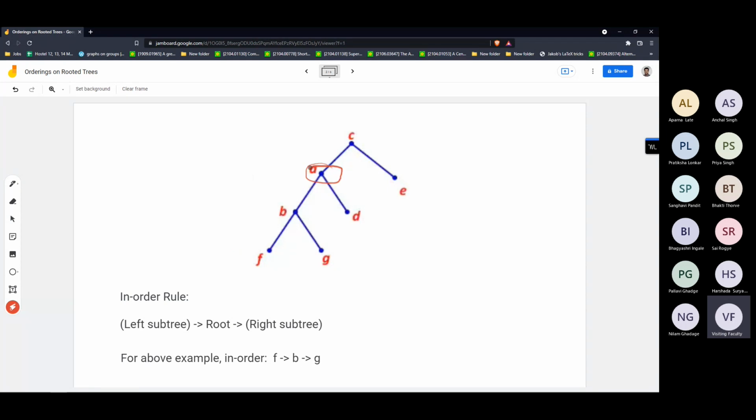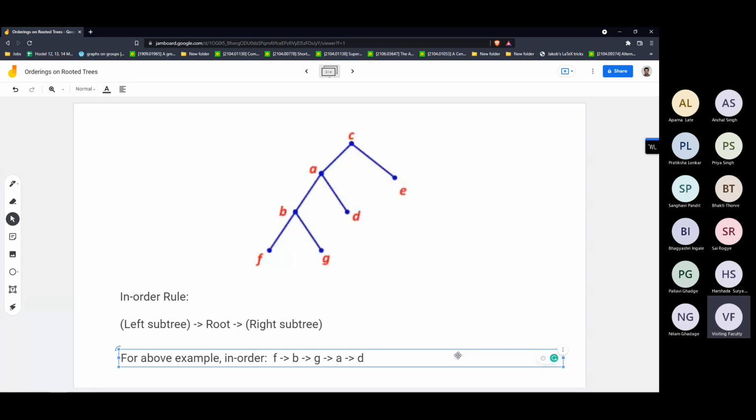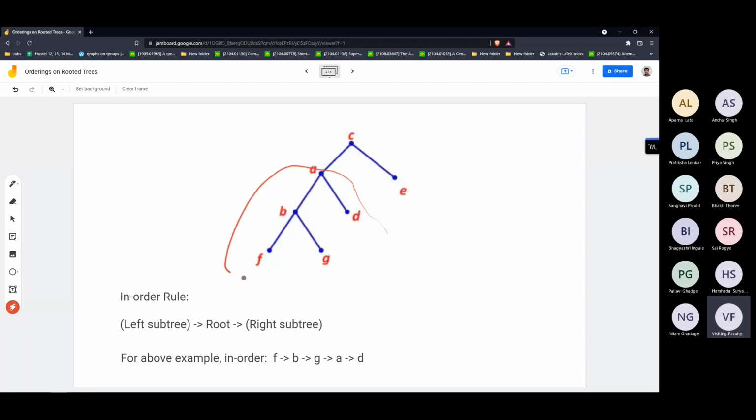Left subtree of A is complete. So now you can write A because this is in order. Now you will write A and then you will write the right subtree of A, but right subtree of A is just one vertex. Now where are we? We have completed this, but this is the left subtree of C. So we have completed the left subtree.